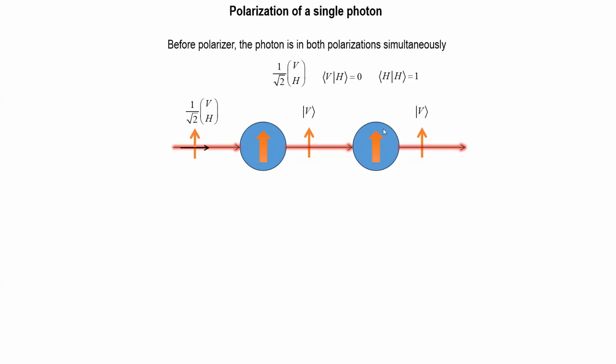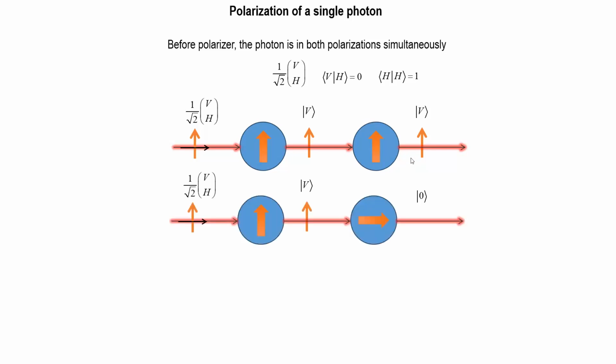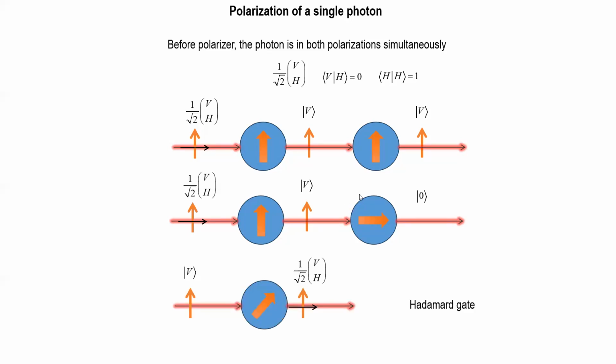Then the second polarizer, also set in the vertical direction, just allows the photon to go through with exactly the same polarization. However, if I set the polarizer in the horizontal direction, like shown here, it completely blocks the photon, so it doesn't propagate through. So it works as a system that can measure the state of polarization of a photon, either vertical or horizontal.